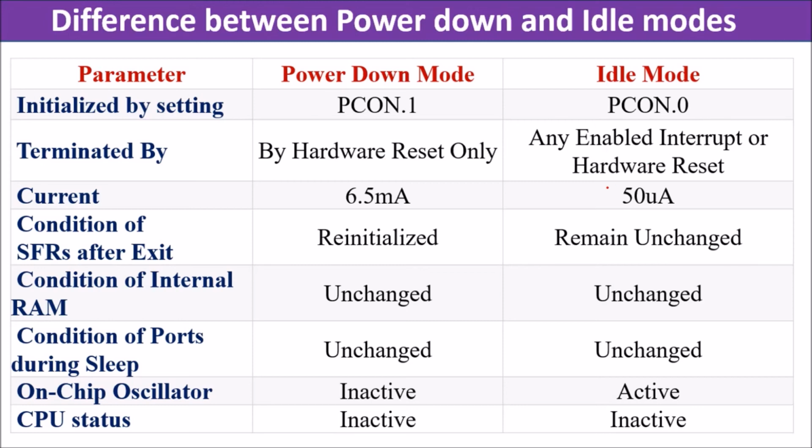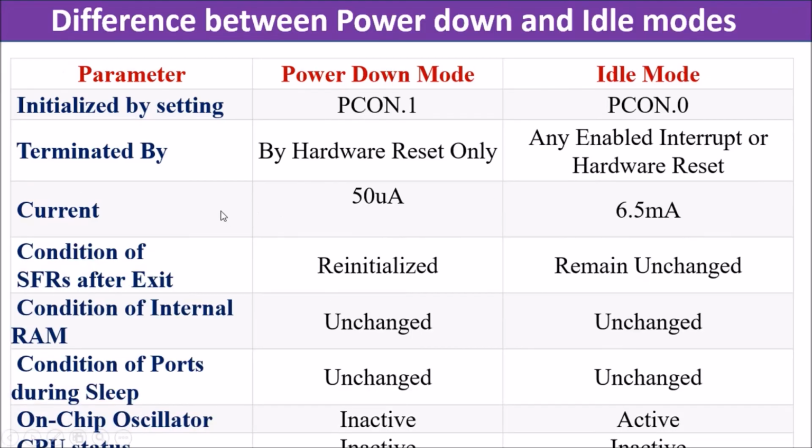Any enabled interrupt or hardware reset can be used to wake up from idle mode. Current consumption in power down mode is about 50 microamperes, and in idle mode it is in milliamperes, 6.5 is written here.